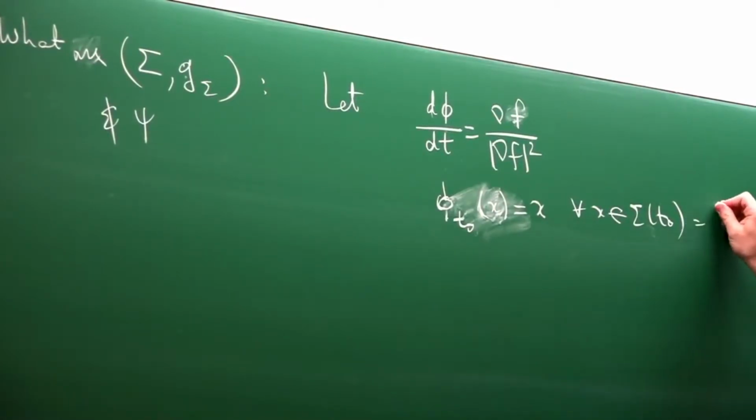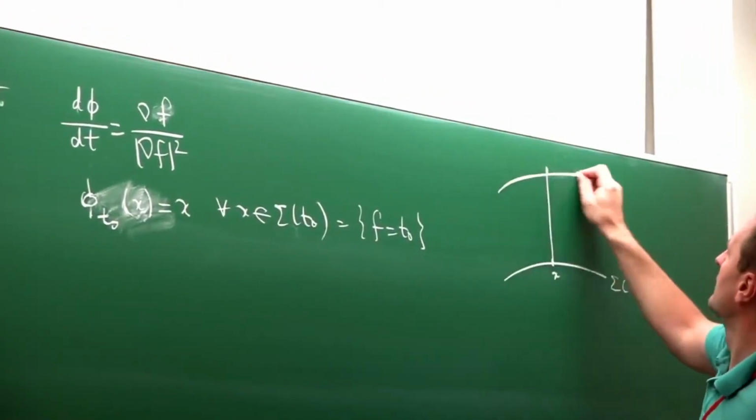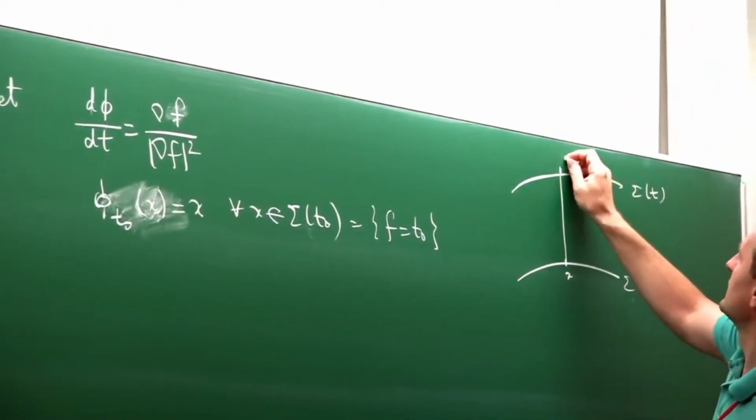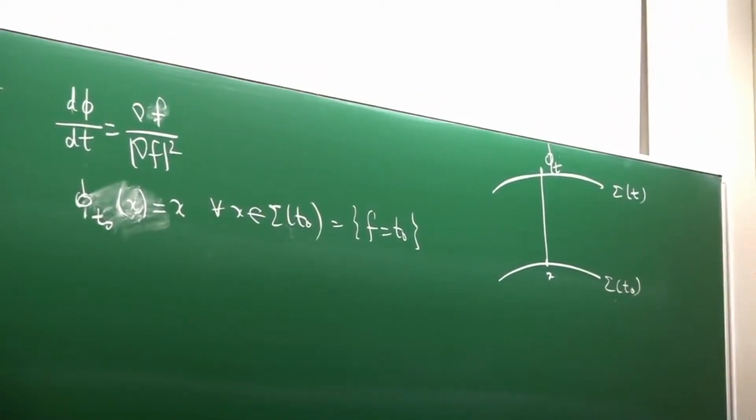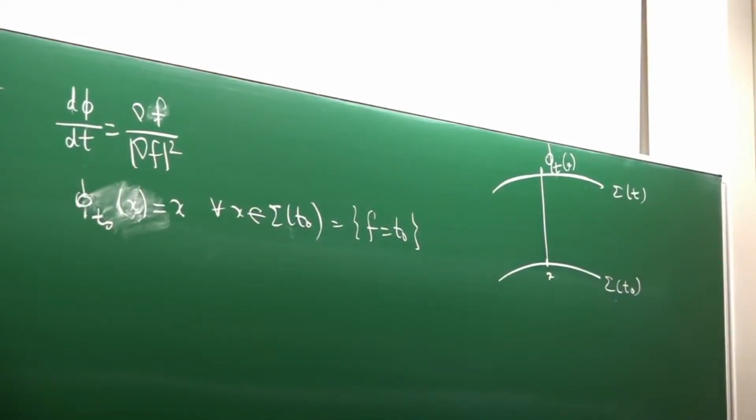So this, by the way, was F equals t naught. That was notation last time. So I just want to start flowing a fixed level set, and it will just flow that into a corresponding level set of F. Right? So I'll just take this.